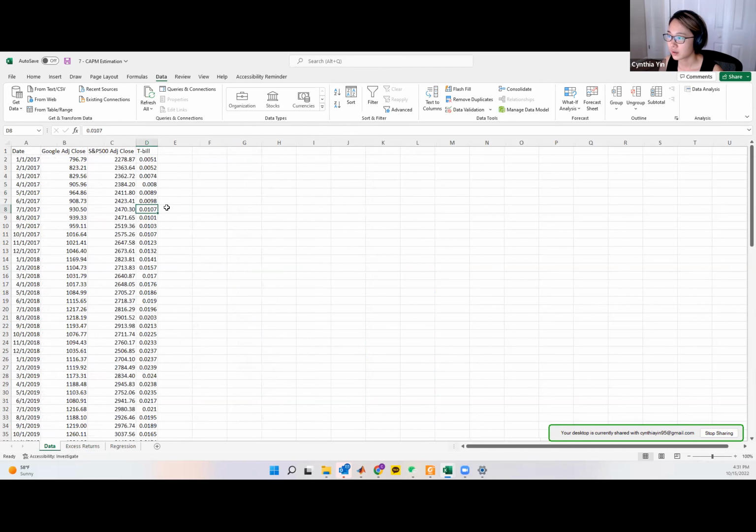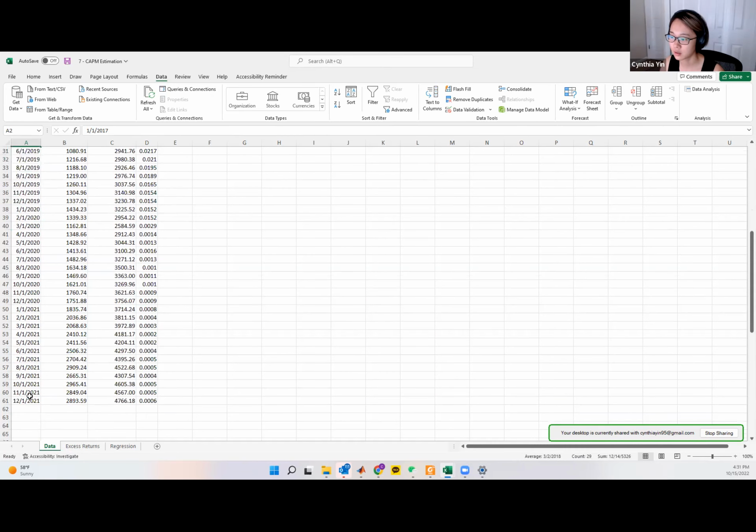So this is the raw data: adjusted close of Google and S&P 500, with T-bills used to estimate the risk-free rate. And again, it's monthly from 2017 all the way to 2021.